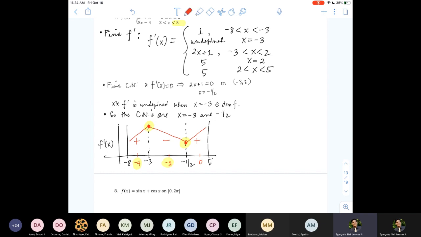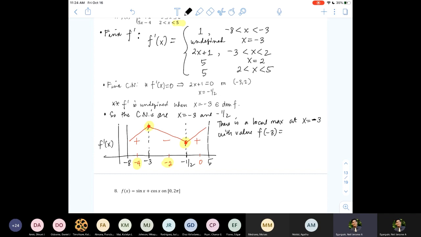So we can conclude that there is a local max at x equals -3 with value f of -3.